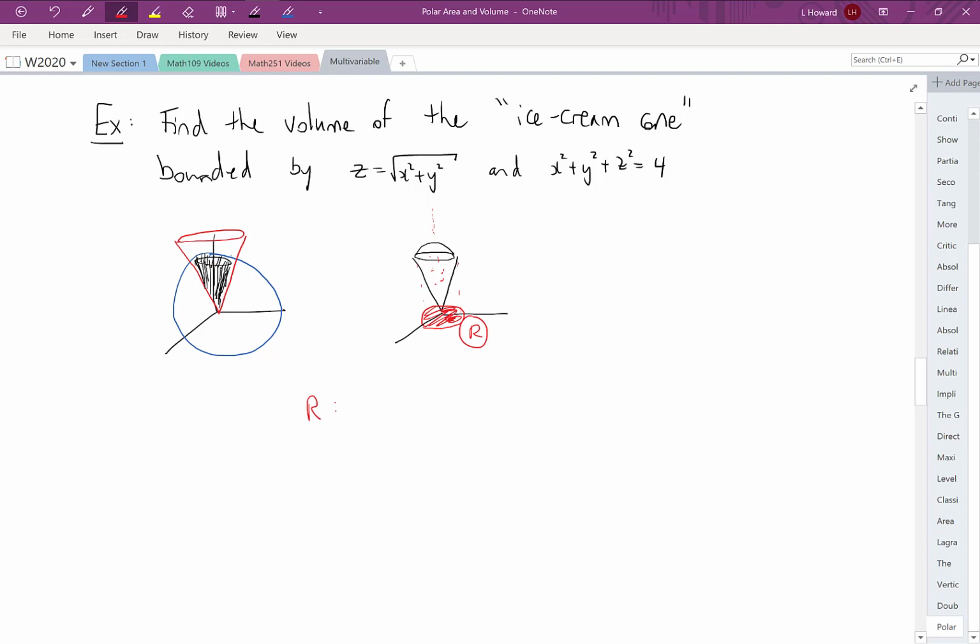Another way to visualize this region R is it's the set of x, y coordinates that are captured at the widest point of this volume, and that happens at the point where the two surfaces intersect. So if we were to set z equal to z, that would be a good way in general of figuring out the region R. In this case, it might be a little tricky to set z equal to z because we'd have to actually solve for z in that second equation.